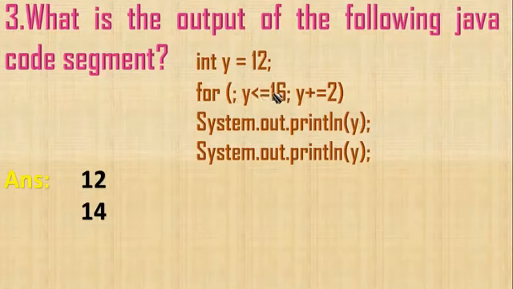Here it is less than or equal to 16, so 16 equals 16, that is true, so again it is printed. Now again y is increased by 2, it becomes 18, but here it is false. So when it is false, it will go outside the loop. Outside the loop, it is asked to print y only, so it will print 18. The body of the loop gets executed 3 times only here.